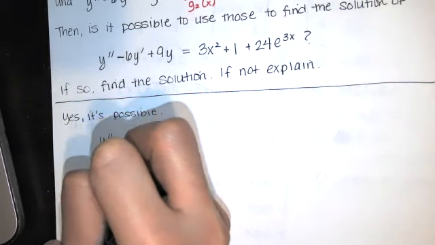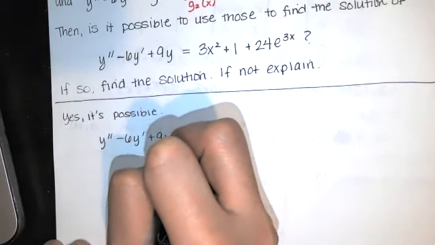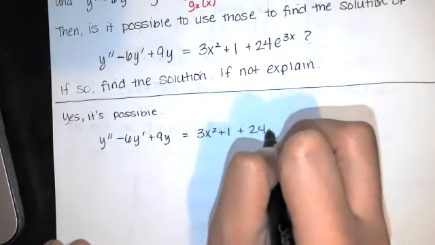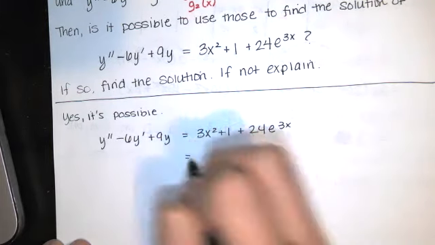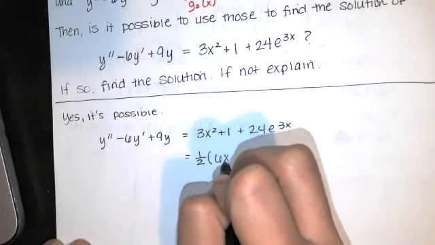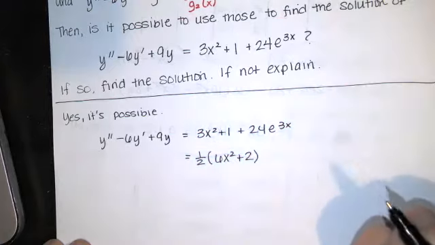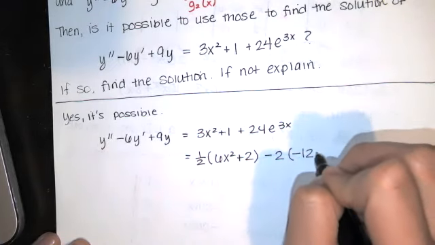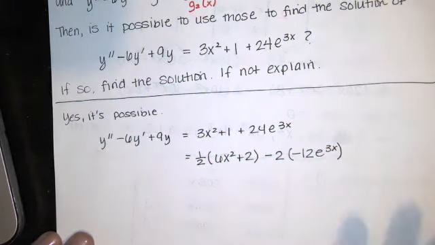y double prime minus 6y prime plus 9y equals 3x squared plus 1 plus 24 e to the 3x, which is the same as 1/2 times (6x squared plus 2) minus 2 times (-12 e to the 3x).